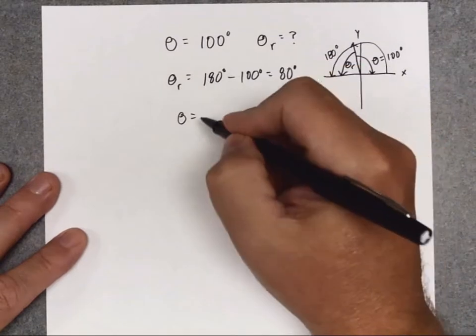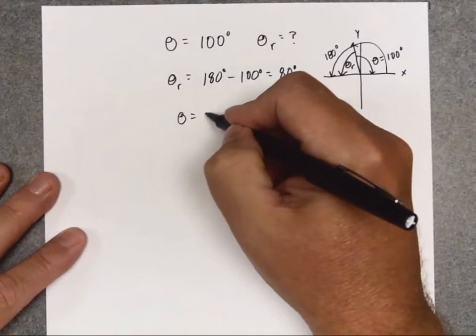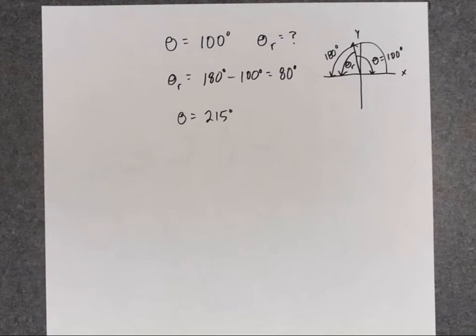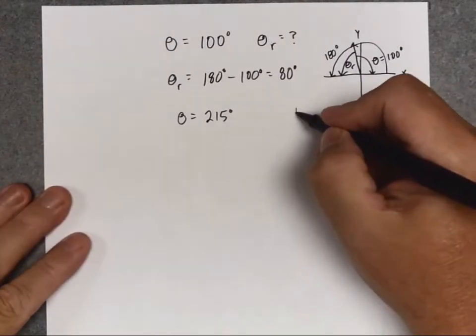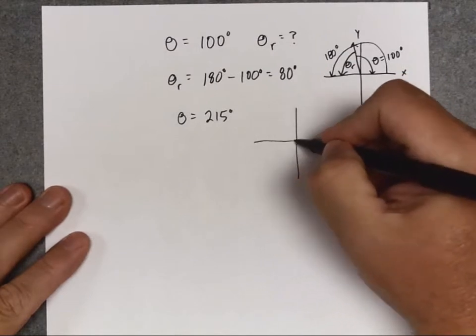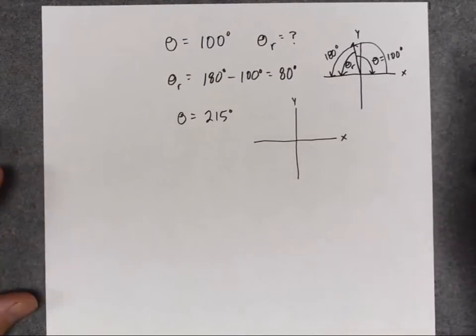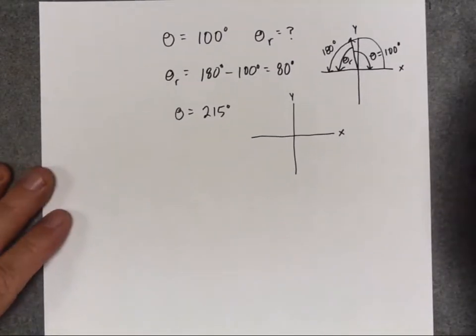How about I have a 215-degree angle, and I want to find the reference angle. Actually, it's a little bit of a pain, but it really never hurts to draw the angle because then you can make sure you're not making a mistake.